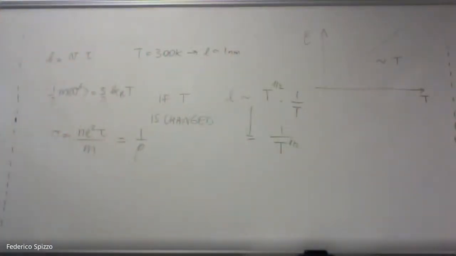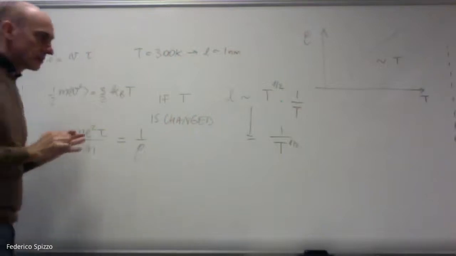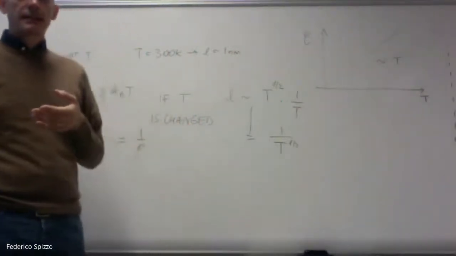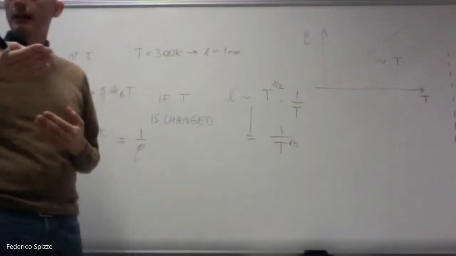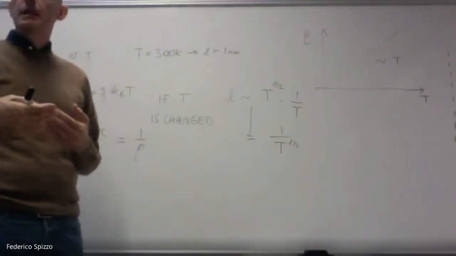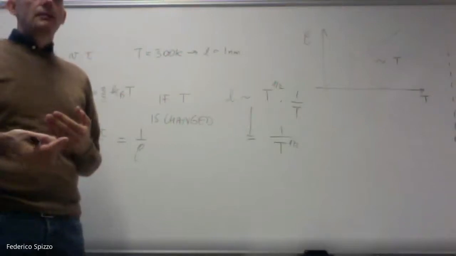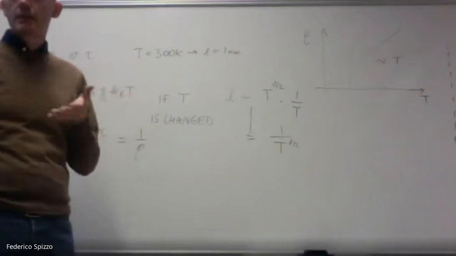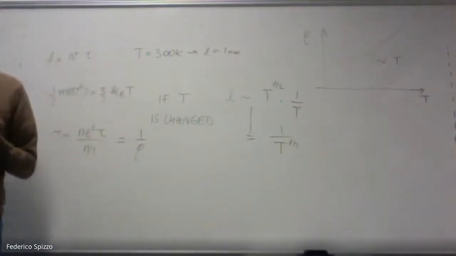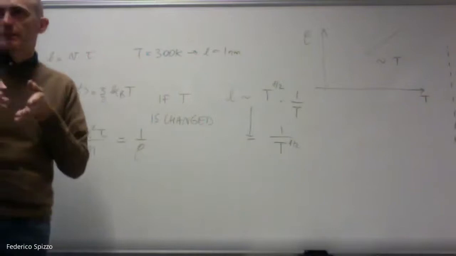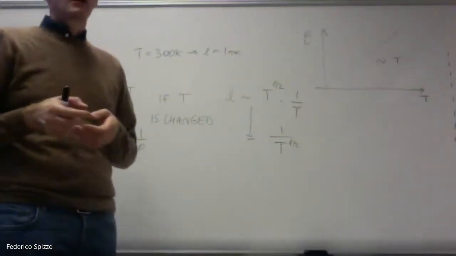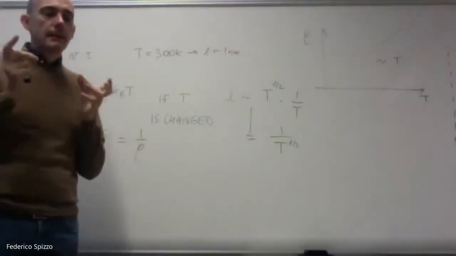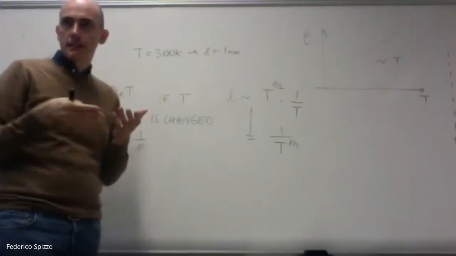And this is something that you do not expect, because if the scattering is between the electrons and the ions, it doesn't happen. When the temperature decreases, the lattice shrinks, so you have eventually maybe a reduction of the distance between the ions, not an increase.